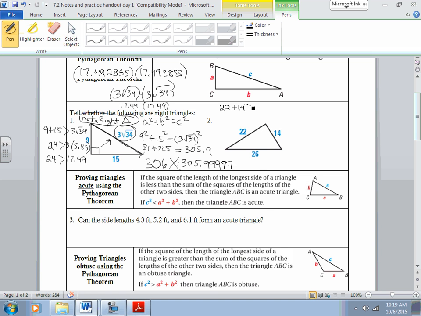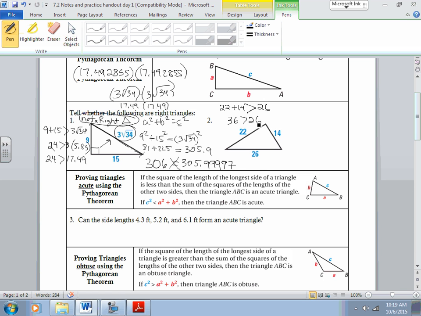They have to add up to be bigger than the biggest side. 22 and 14, what do you get? 36. All right, is 36 bigger than 26? Okay, so do you understand how to check, if they're just given the numbers and they don't even give you a figure, whether those sides even make a triangle?